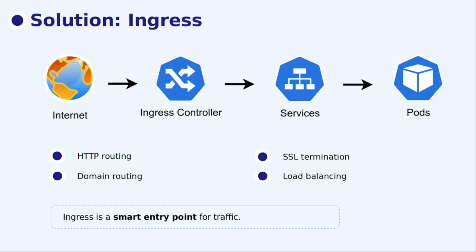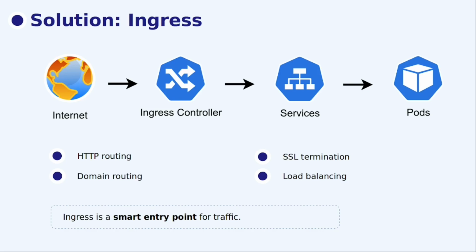Instead of exposing every service individually, we create a single entry point that receives all external requests. The architecture becomes Internet to Ingress Controller to service to pods. The Ingress Controller functions very much like a reverse proxy. It inspects incoming requests and decides where to send them based on rules we define.